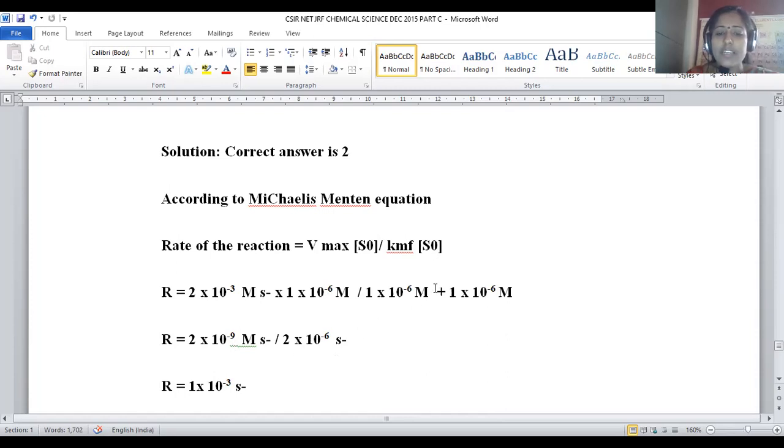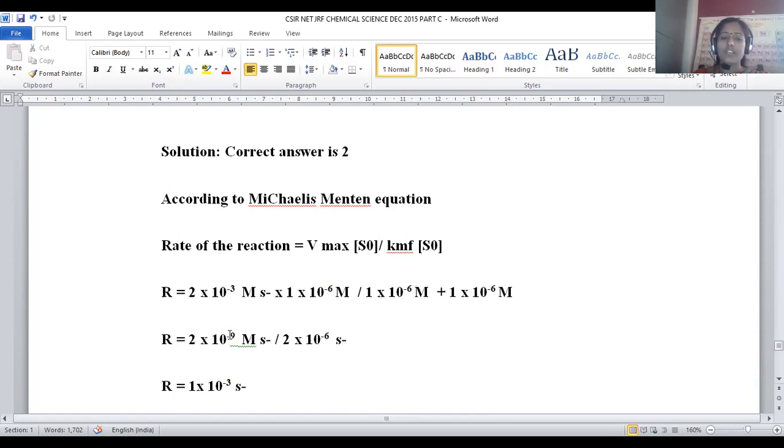In the denominator, 1 into 10 to the power minus 6 plus 1 into 10 to the power minus 6 becomes 2 into 10 to the power minus 6, right? So in the numerator and denominator, 2 gets cancelled, leaving 10 to the power minus 9 over 10 to the power minus 6.